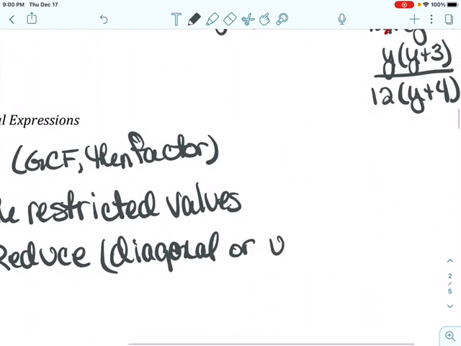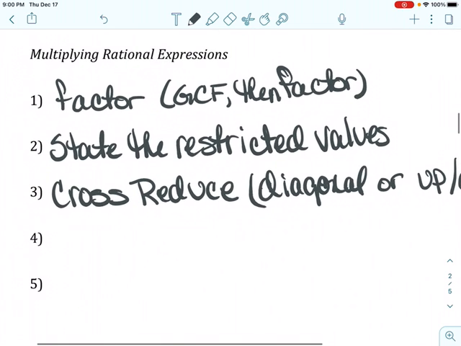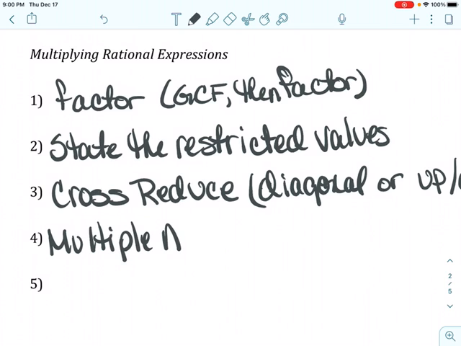Or you can also do it up down. You can never reduce across. It's always diagonal or up and down. And then whatever's left, you're going to multiply across. And final answer.